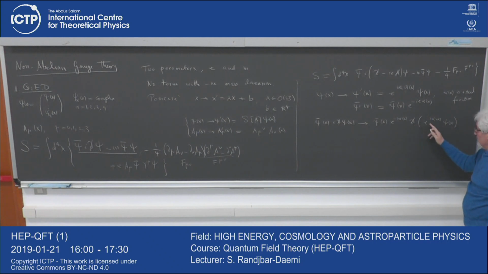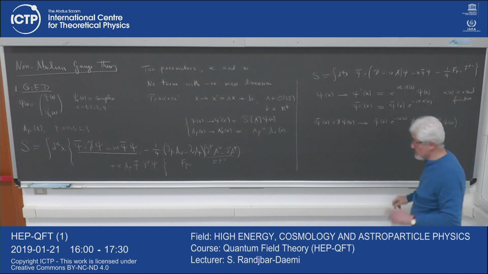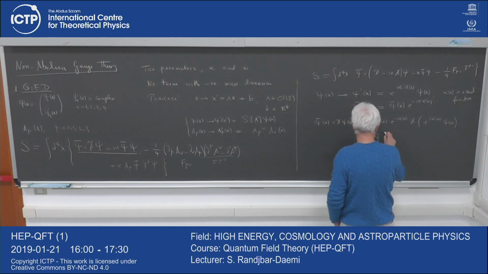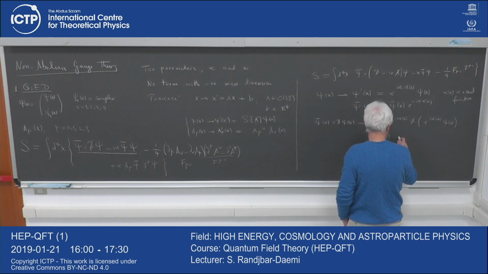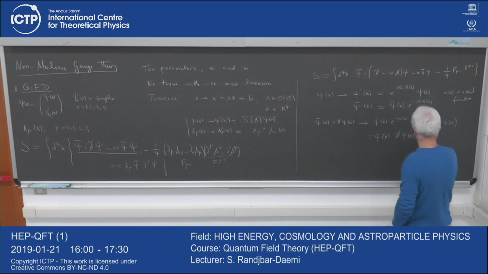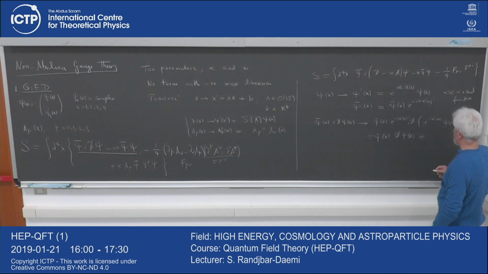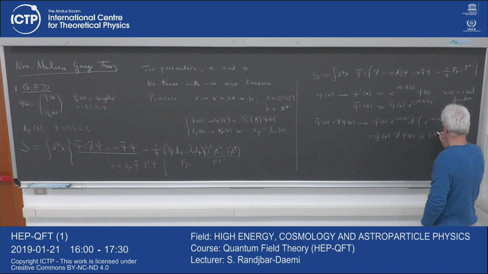When you operate with the derivative, the derivative of an exponential is again an exponential. So the exponentials eventually will cancel out. But from the expansion of this term, there will be 2 terms. The first term is as if alpha were a constant, and the second term comes from the derivative of that term. So it is psi bar of x d slash alpha of x psi of x.